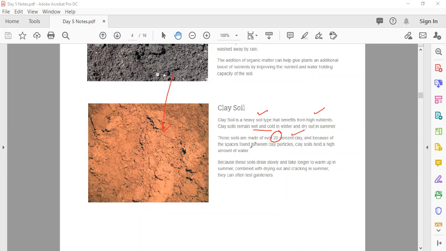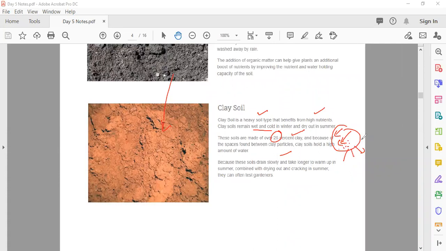25% clay, and because of the spaces found between the clay particles, the clay soil holds a high amount of water. So because they have spaces between the particles, they will hold a lot of water. Because this soil drains slowly, if the water comes inside this soil, it will go out very slowly and take longer time to warm up.